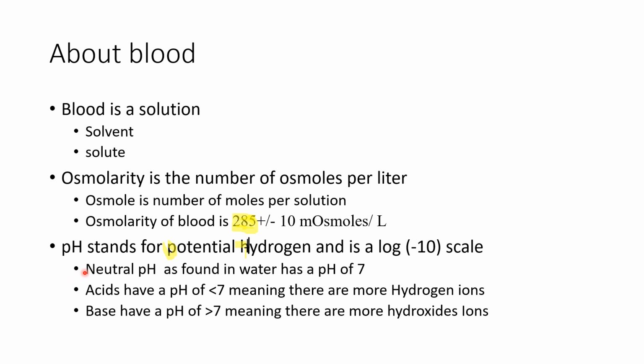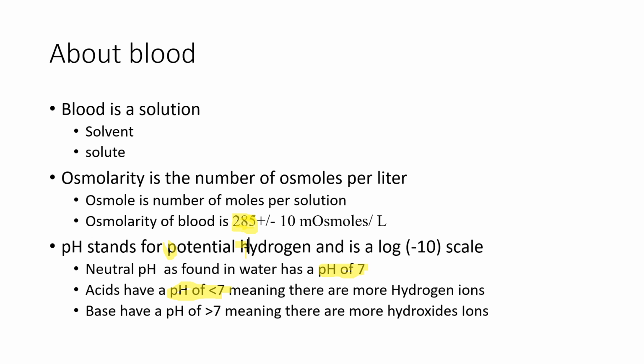And this is the way it works. Neutral pH, as found in perfect water, would have a pH of 7. So a pH of 7 is neutral. An acid would have a pH of less than 7. If we have more hydrogen ions, you'd have an acid and a pH of less than 7.